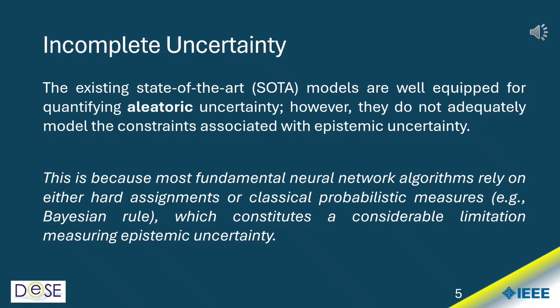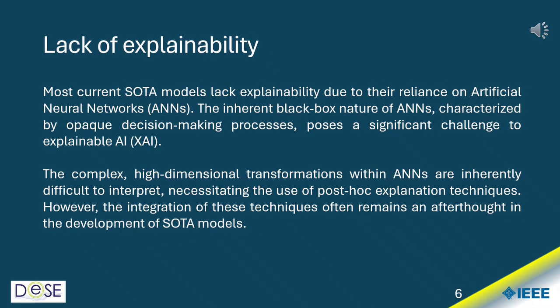The most current SOTA models lack explainability due to their reliance on artificial neural networks. The inherent black box nature of ANNs, characterized by opaque decision-making processes, poses a significant challenge to explainable AI.